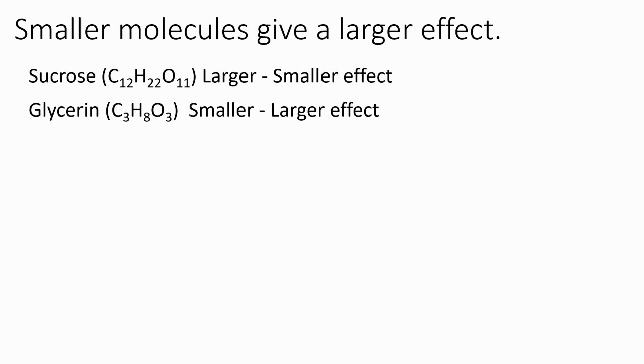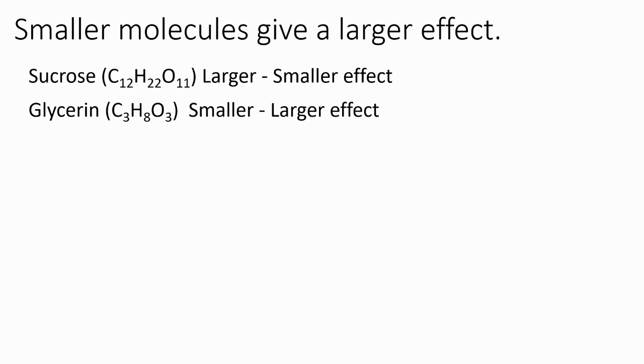So that means the boiling point elevation is not going to increase the boiling point as much, and it won't decrease the freezing point as much if it's a larger molecule. So it's like inverse. If we're just comparing 2 molecules that both give 1 mole of particles for 1 mole of compound, then the larger one will have a smaller effect.